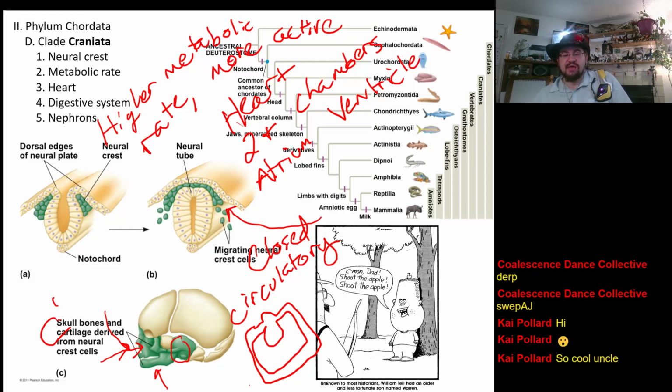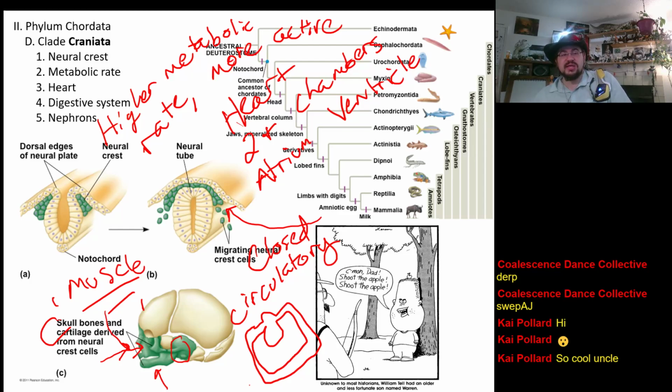We also have a complete digestive system with a mouth and an anus. Often it's a complicated digestive system with accessory organs, and the digestive system has muscle associated with it. So food is transported and metabolized through the digestive system via muscular action.